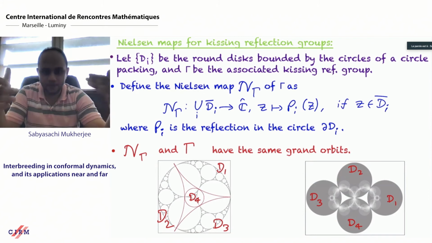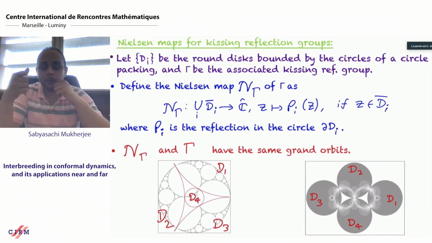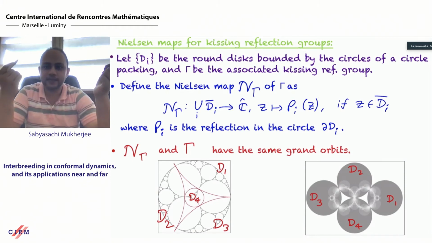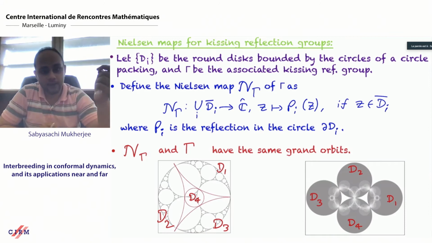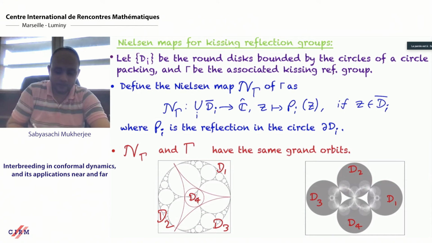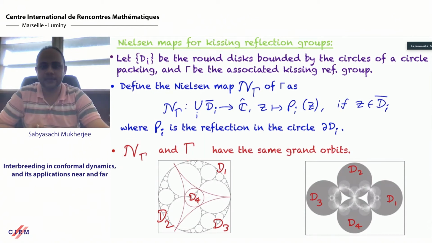But in the simplified setup of a map, instead of working with the full group, you make the group and the polynomial meet halfway. You extract a single map from the group, your Nielsen map, in such a way that you don't lose the structure of the orbits. The grand orbits of this map and the group orbits of Gamma are exactly the same.